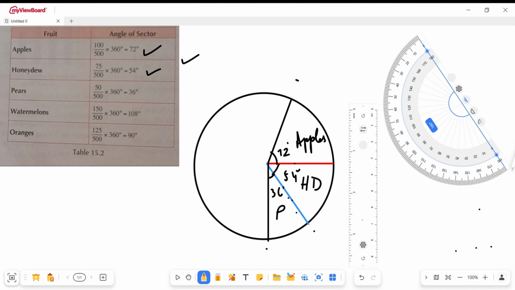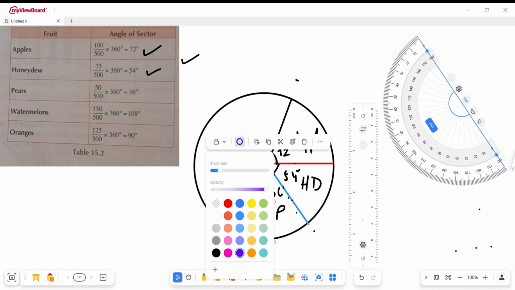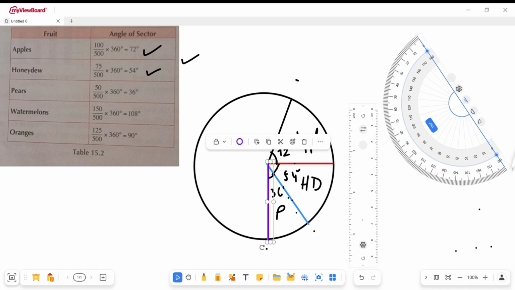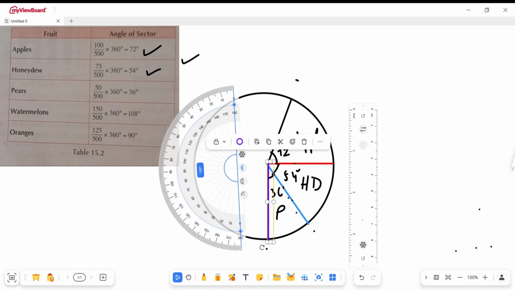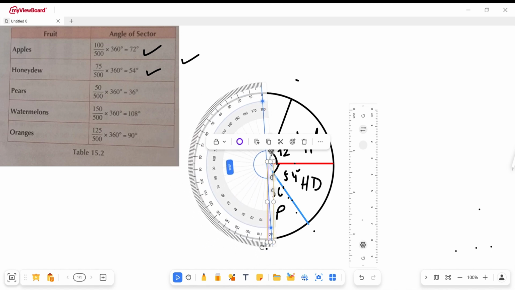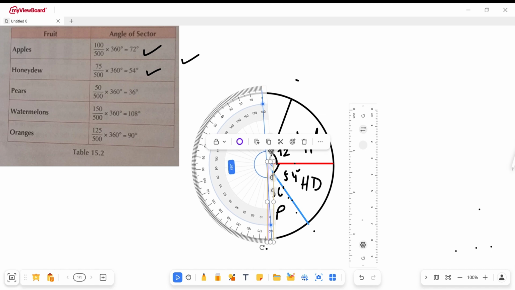Now the next one is watermelon. The angle sector for watermelon is 108. So I'm changing this color to purple. Now this will be your baseline. Take a protractor and place it like this, with 0 degree at the center of the circle.